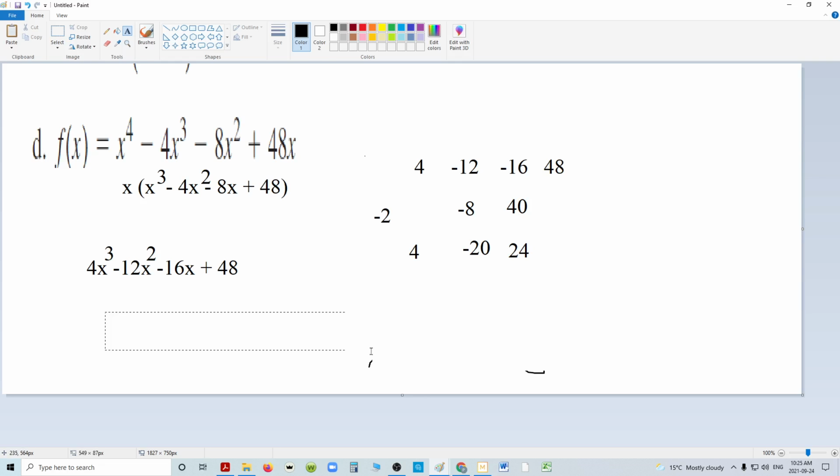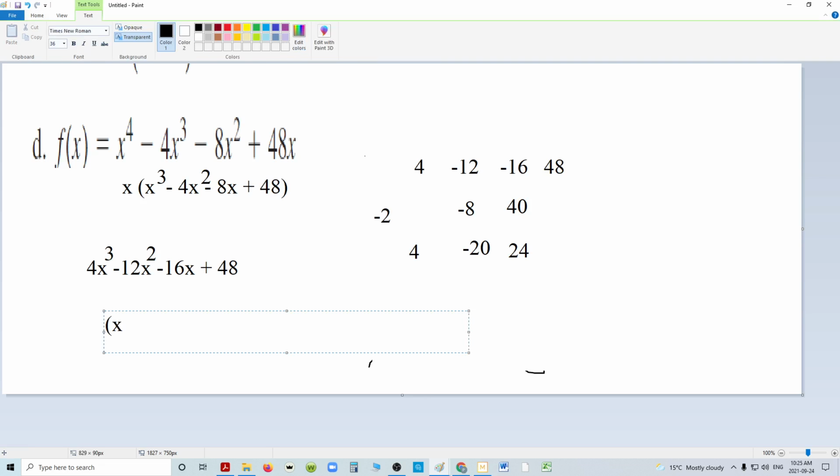So then you end up having this as a factor, and you end up having 4x squared minus 20x plus 24, but you can take 4 out of that. So you can put 4 in front, and you're left with x squared minus 4x plus 6, and it's quite clear that it's -2, minus 3.